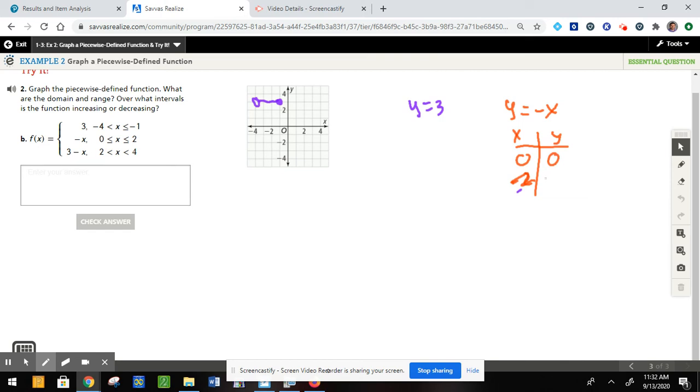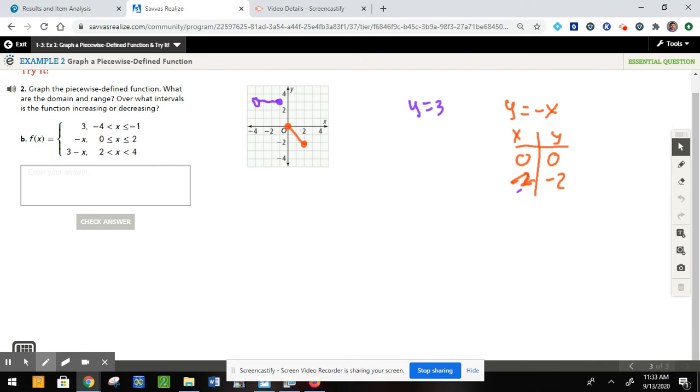If x is 2, y is -2. So those are your two ordered pairs there. These are both closed circles because of the inequalities given in the domain. So it's the ordered pair 0, 0, and then 2, -2. So right 2, down 2. And it'll be the line in between that.